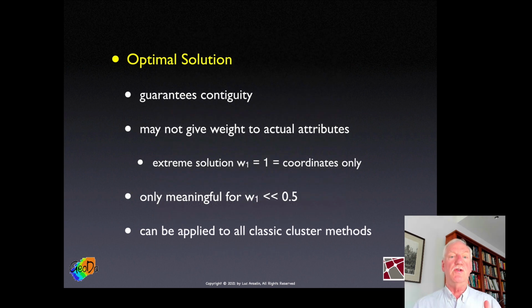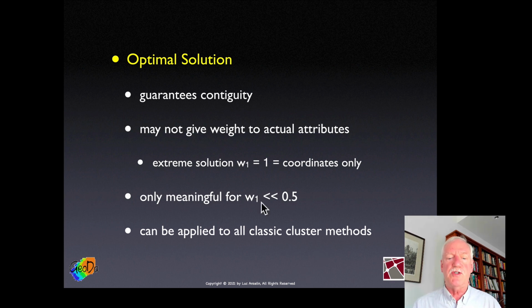The good news is we have guaranteed contiguity if it is feasible. If it is not feasible, of course, we can't force it. And then we end up with a solution that is, in fact, contiguous, but is not very meaningful in terms of the attributes, because the attributes don't get any weight. So that is something to keep an eye out for.